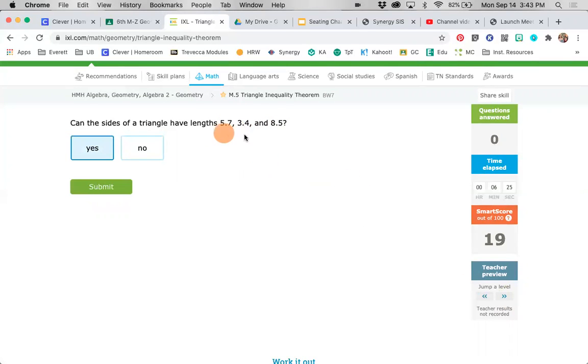If either of those two answers were no, if this were greater than 9.1, or if this third side were less than 2.3, or if it were exactly 9.1 or 2.3, in any of those cases, you would answer no. Again, what you're looking for is this third side to be in between, and not including, the answers that you get when you add and subtract the other two sides.